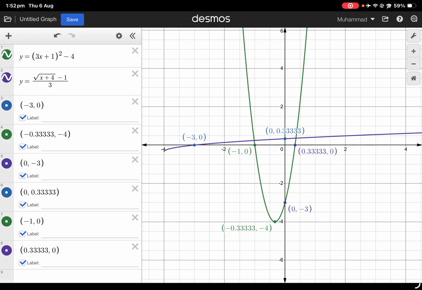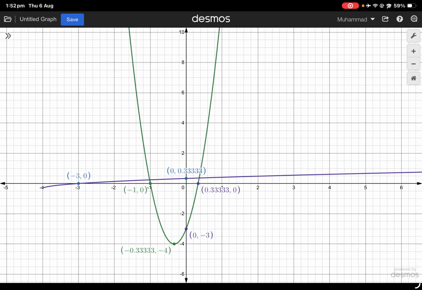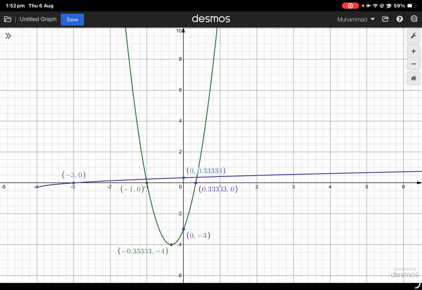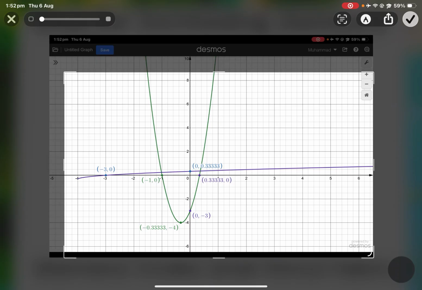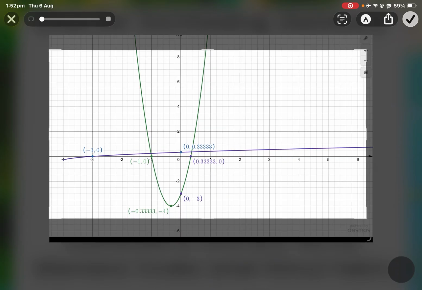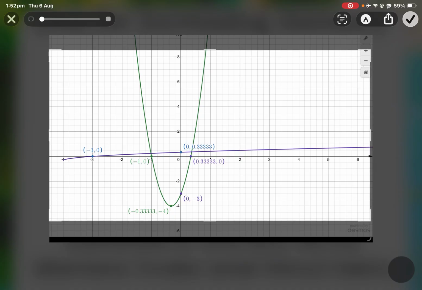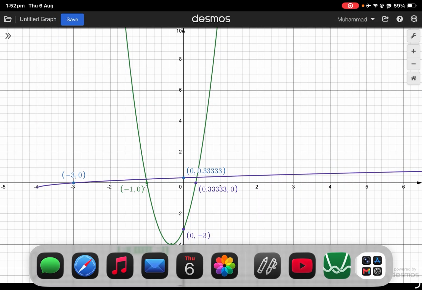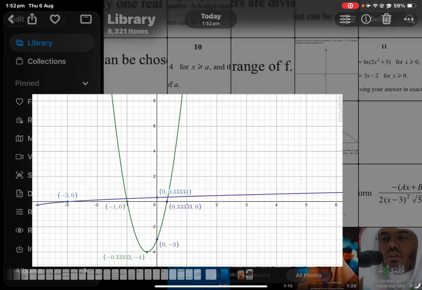I could just screenshot it like this, and remove this little thing.